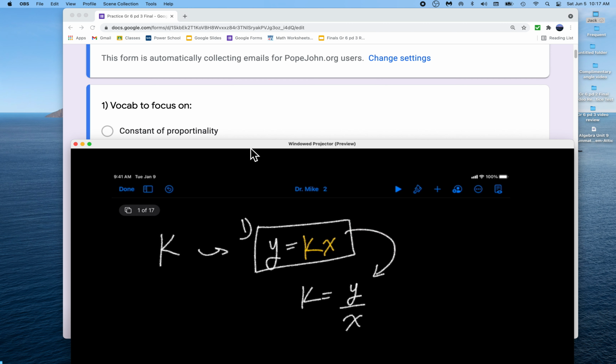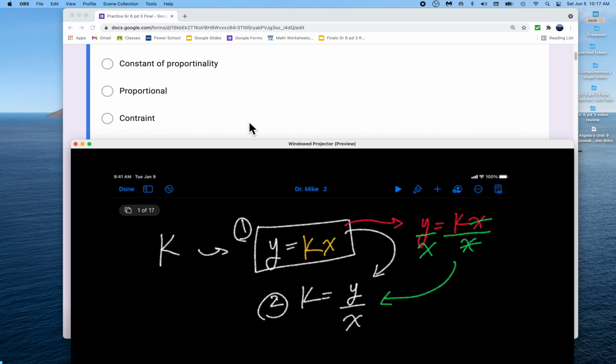If you take formula 1 and divide it by x on both sides, you would get formula 2. Meaning, we start out as y equals kx, and then I come along and divide by x, which is perfectly legal. These x's cancel out, and you get this formula. So you really only need to remember the first formula as opposed to both.